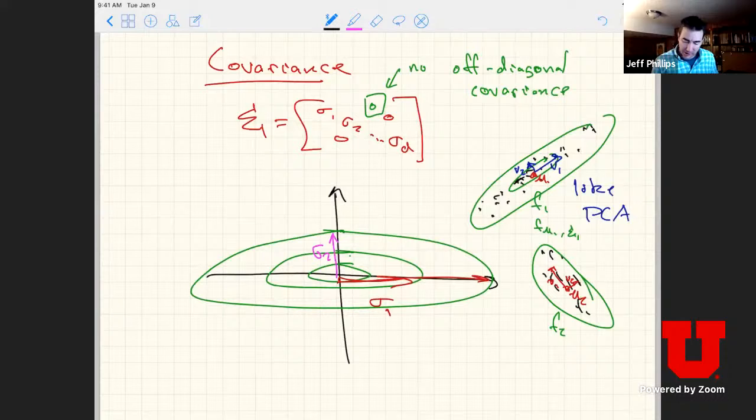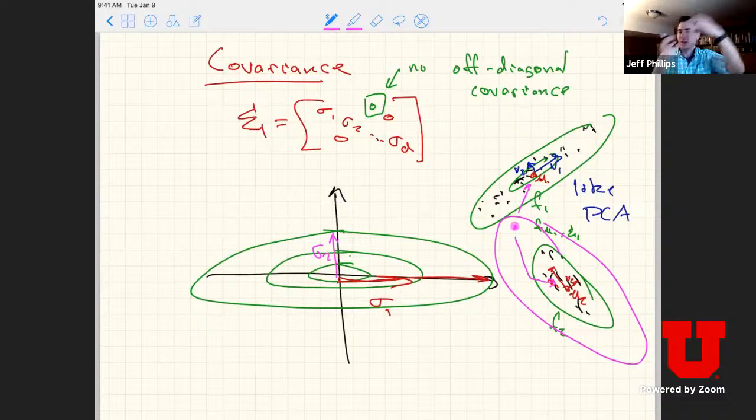So if I go back here and I've got this kind of mysterious point right there, is it closer to mu1 or to mu2? It might be a little bit closer to mu1, but if I'm looking at how far I have to stretch the probability distribution, then this might be closer to F2. That might give me a closer match with this point, because it's in the direction where I have more variance in F2 than I did in F1.